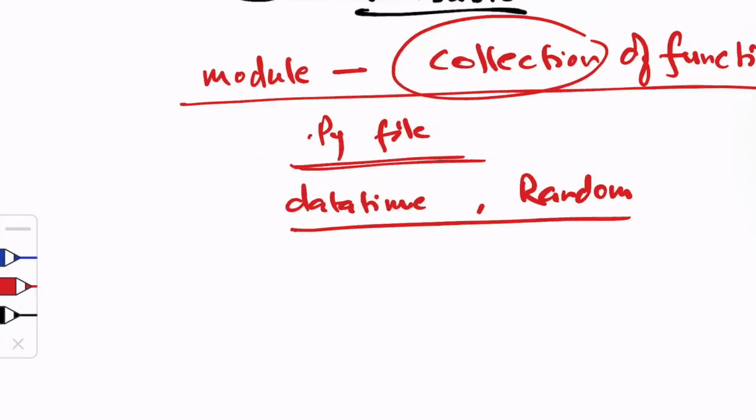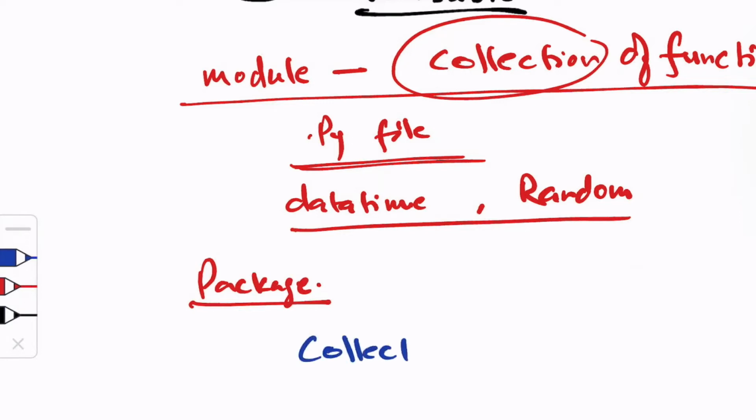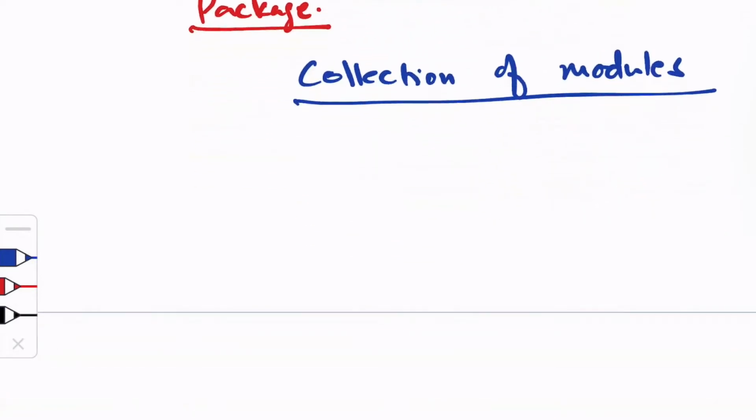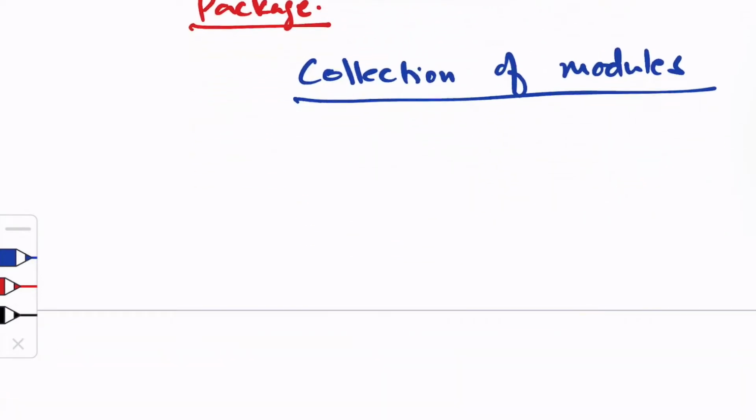Okay. Now, what is a package? Your package is nothing but a collection of modules. So when we have a lot of modules, what you do is you put them together into a folder. So a package will always be like a directory.